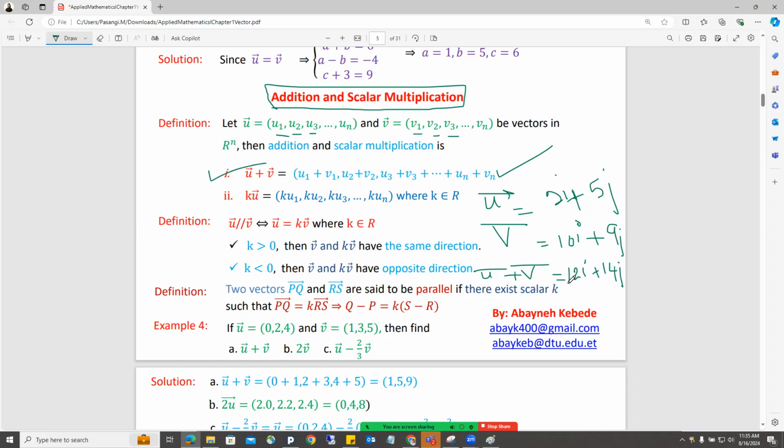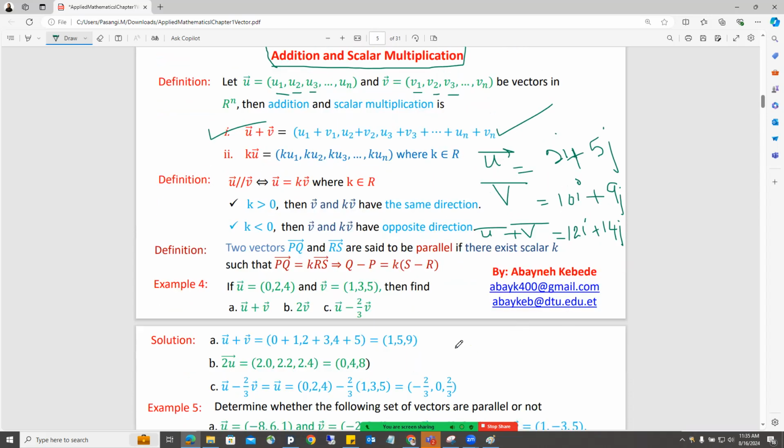And if I do the scalar multiplication, let's assume we have vector u as 2i plus 5j. Then the scalar multiplication will be, let's assume we have 11u. I just multiplied this vector u by the scalar 11. What is the final answer?